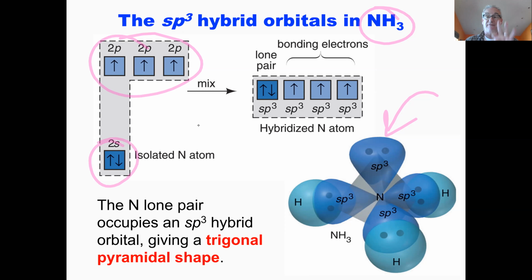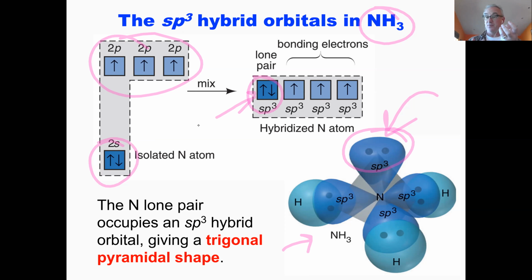But when we put the 5 electrons in it, we put the electrons in there just like we would in a normal orbital: 1, 2, 3, 4, and then go back and add the 5th. And when we add the 5th, we get a lone pair. So in one of the hybridized orbitals, we have a lone pair, and there it is, right there. So you get the tetrahedral group, you get the tetrahedral geometry, but you get the trigonal pyramidal shape.